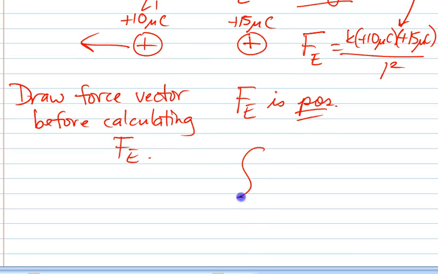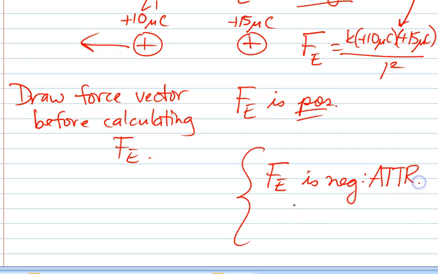And then when you get to the end, if you notice that Fe has a negative value, that means that you have a force of attraction. And if Fe has a positive value, then that means that you have a force of repulsion. I could write that as repel. You get the idea.